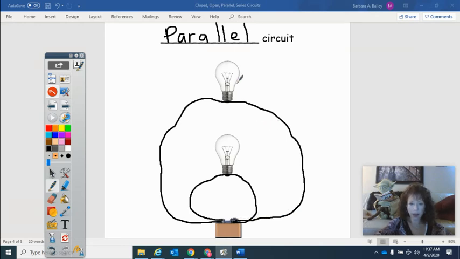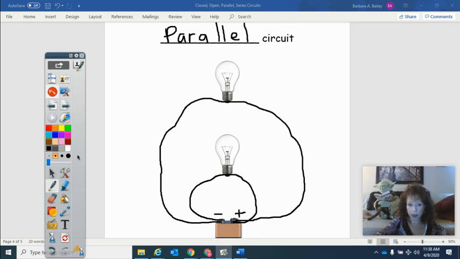Okay. So, and again, here's my negative terminal, positive terminal. And you can see one wire has connected this light bulb to the battery, and then another wire has connected this light bulb.